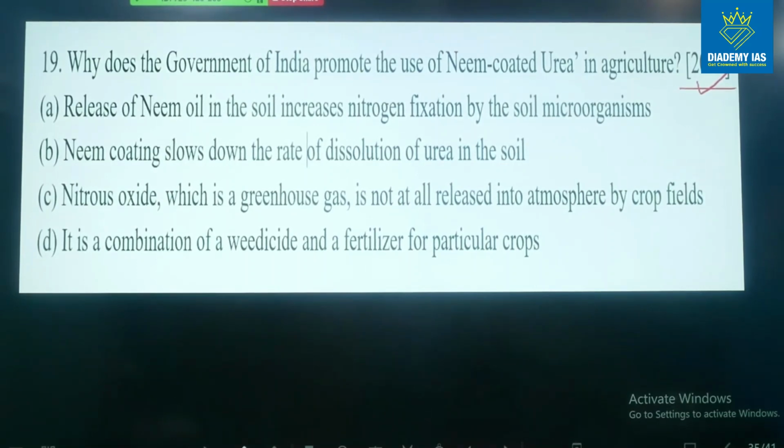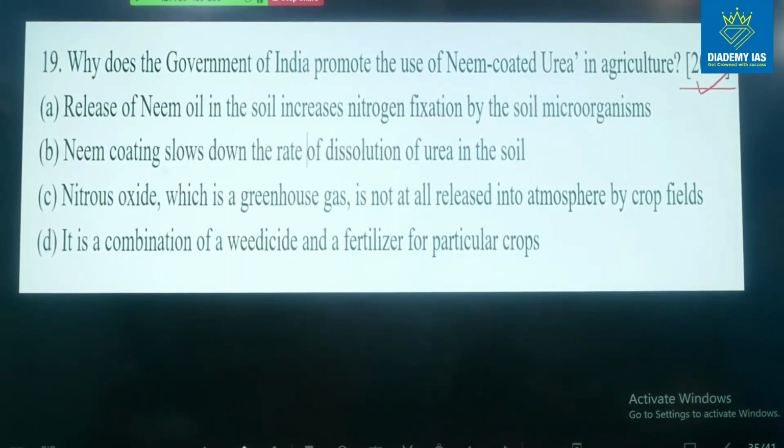So here the answer is B. As I told you, this area of agriculture overlaps a lot with other areas. We were discussing the government scheme, but this question is of environment.